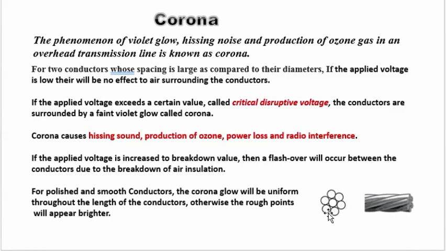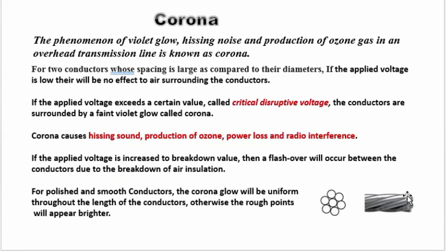As you can see in the diagram, the outermost surface of the conductor has two types of region. One is the inner side and the second one is the outer side. As you can see, this outermost curve is the outermost point and this inner curve is the innermost point.